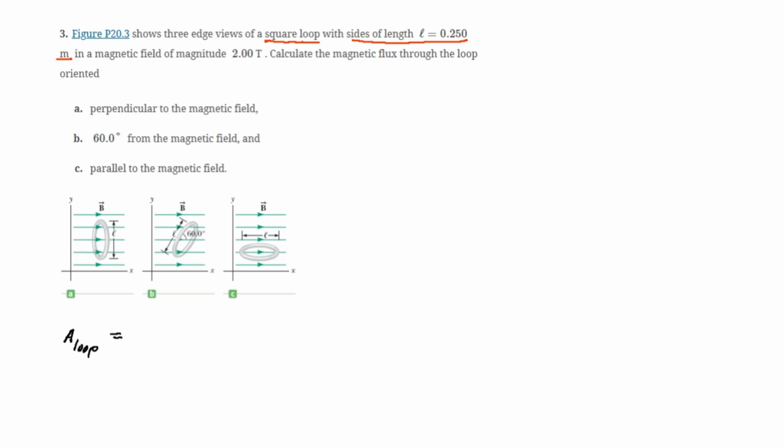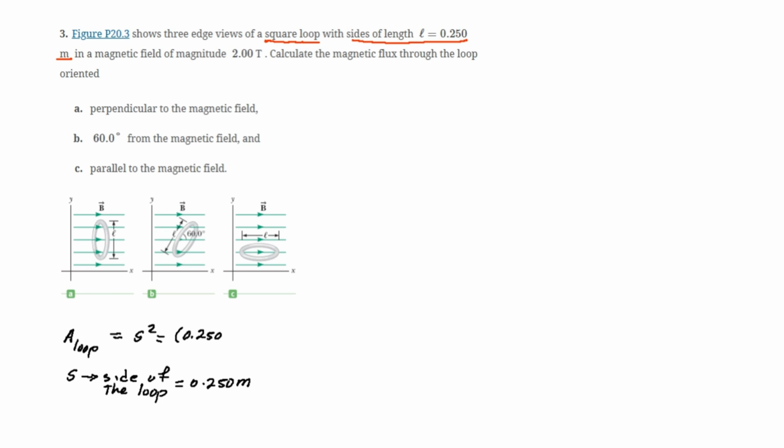S is the side of the loop, and it's equal to 0.250 meters. So the area of the loop, which is S squared, is 0.250 meters squared.